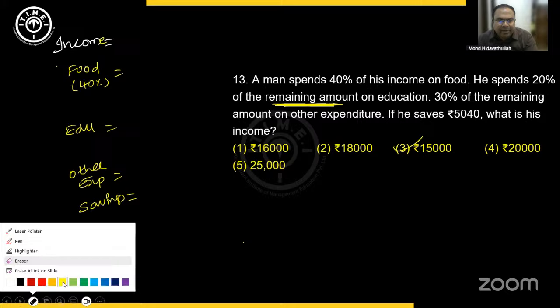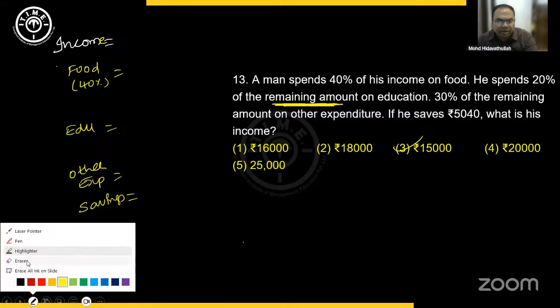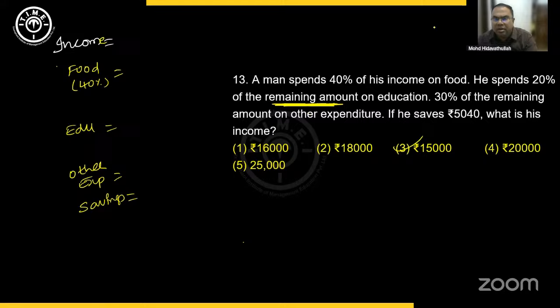He's spending 40%, that is 2 by 5, right? 20% of the remaining, 20% is 1 by 5, 30% of the remaining, 3 by 10. So it is better instead of 100, because they are multiples of 5, you take it as 500. Any number you can take.